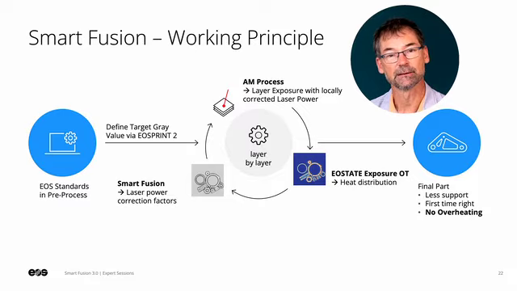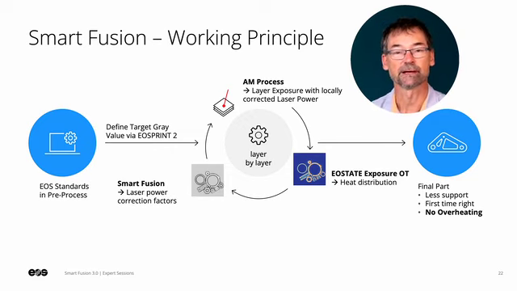We start with an EOS standard process and we assign a target gray value with EOSprint 2. The gray value is the process intensity value that we measure with our OT camera. The measure of how much intensity is hitting the sensor at a given pixel.